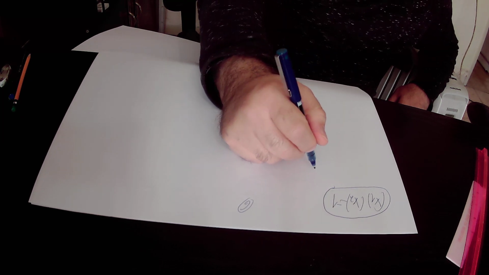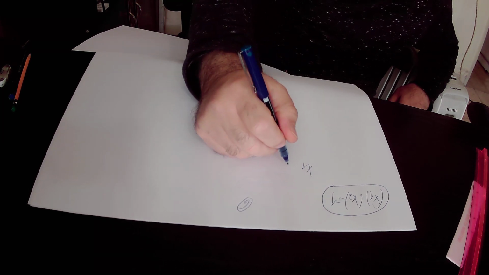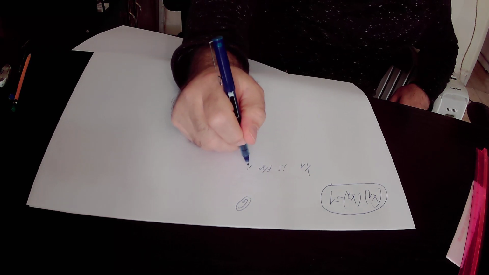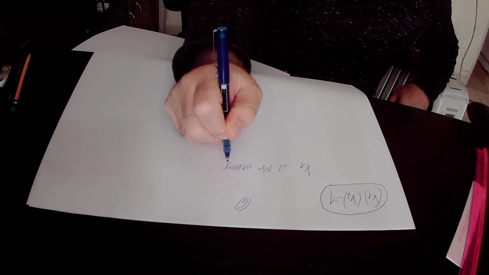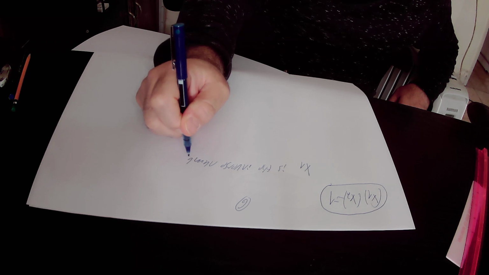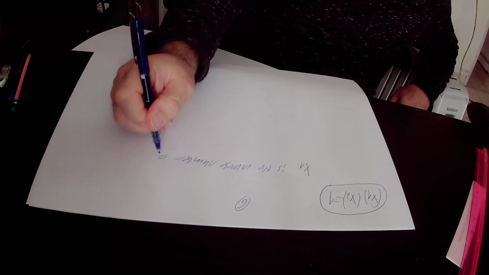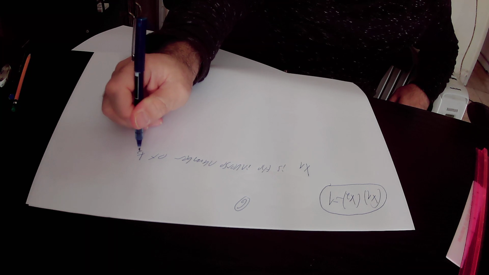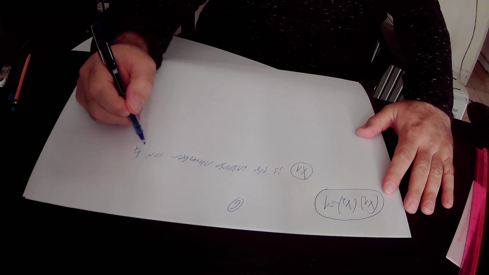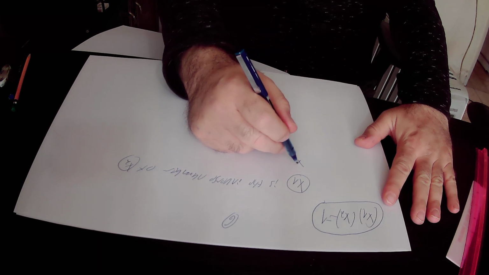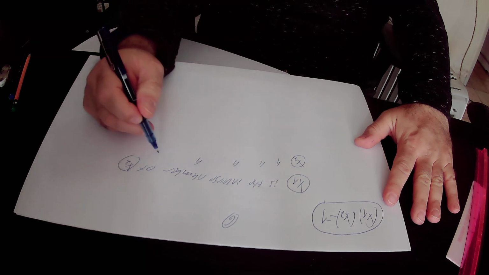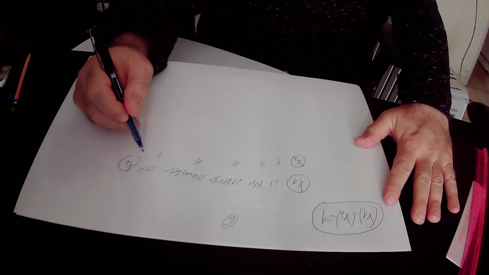It means that x1 is the inverse number of x2, and it is also true to say that x2 is the inverse number of x1.